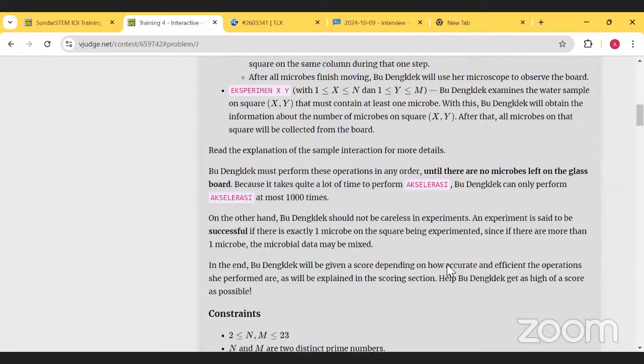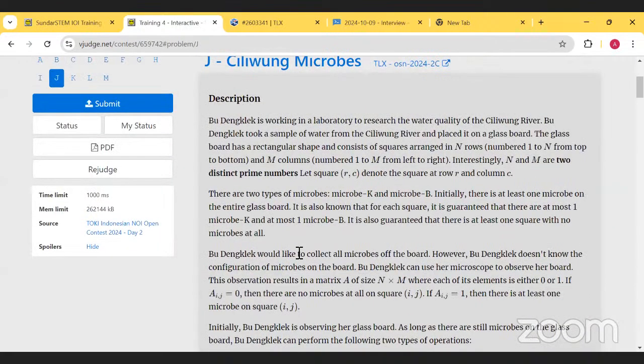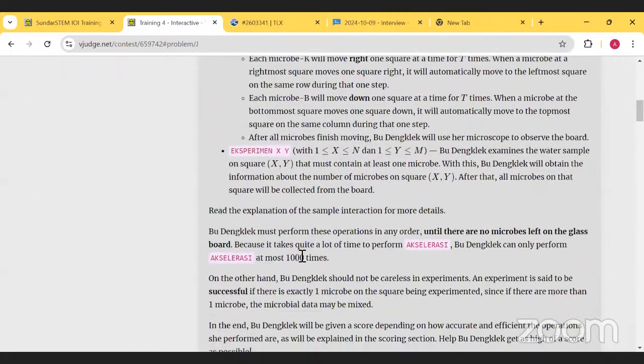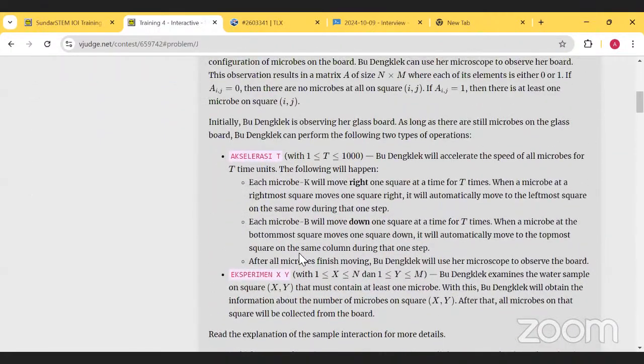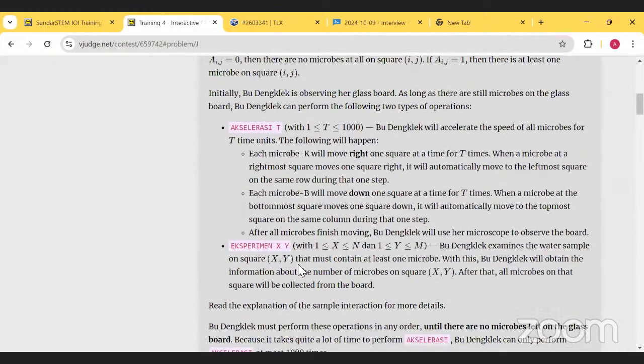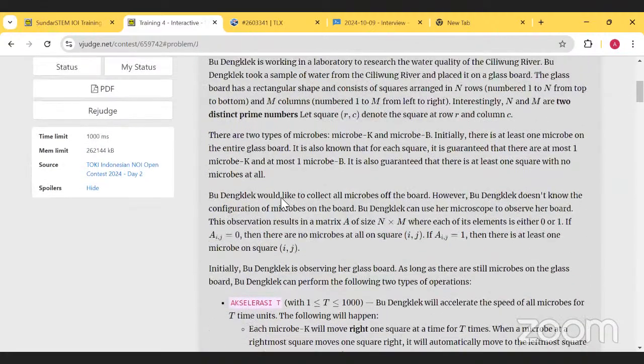You may read it again. Any difficulties while you are reading this description?